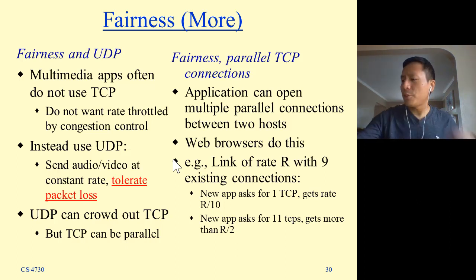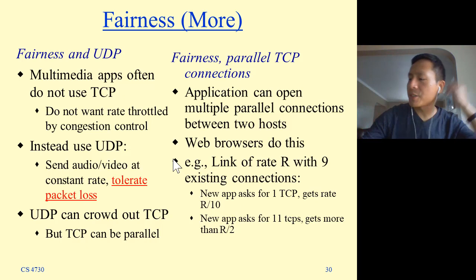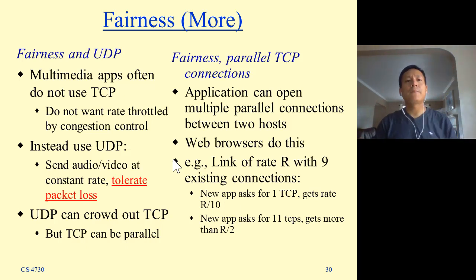But TCP is quite fair. That's good news for us. But how about UDP? We know that UDP does not have any congestion control, right? So for example, with multimedia applications, usually TCP will not get any control of it. It will always try its best and send at a constant rate.